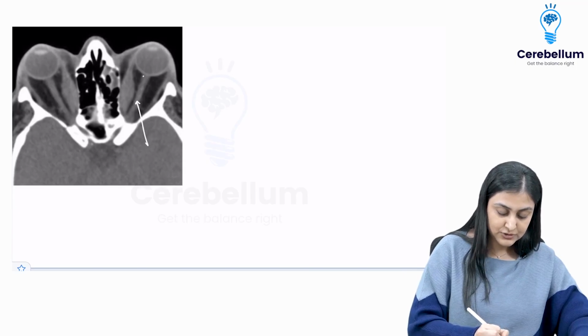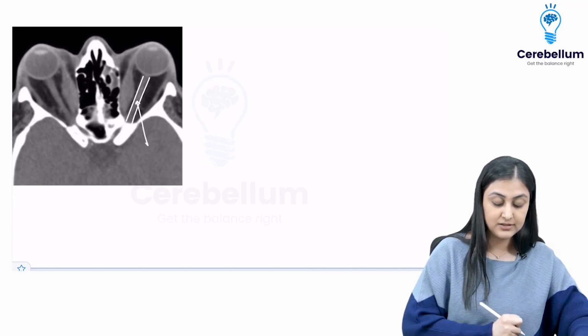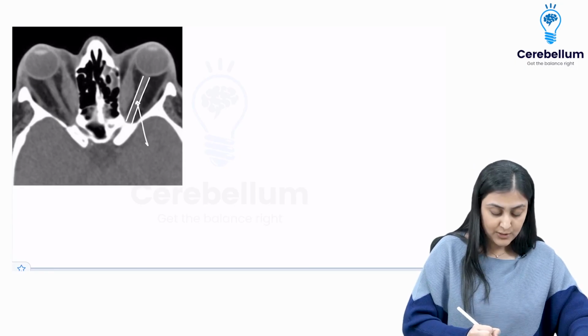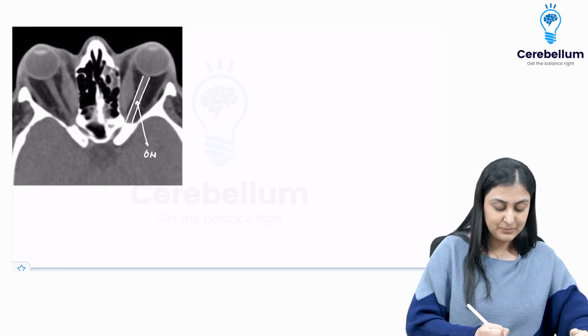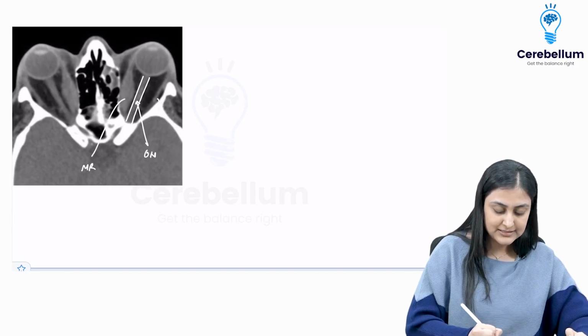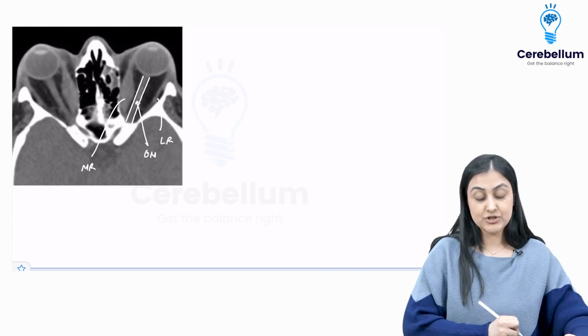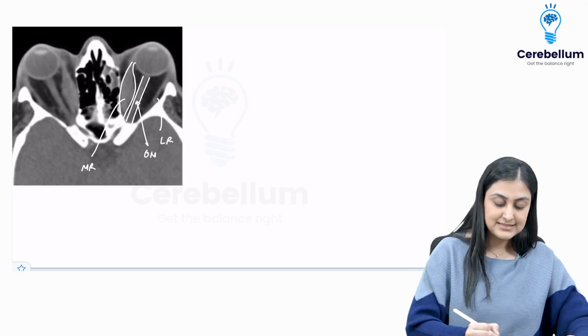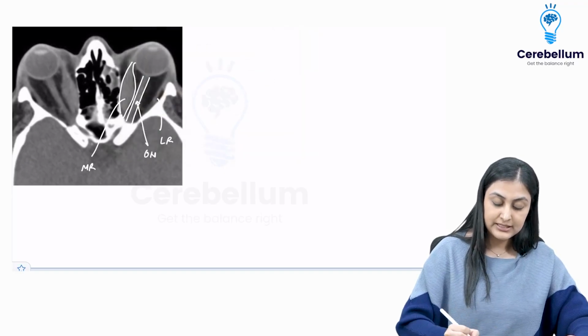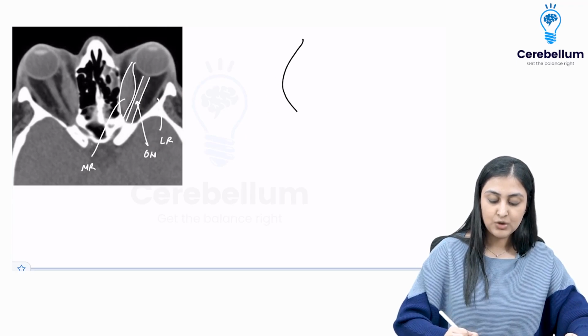So this that goes through the center of the orbit is the optic nerve. Yeah, on the two sides we have the recti muscles. So medially, obviously medial rectus, laterally this is the lateral rectus. So you can see how the muscles are enlarged, and this enlargement is in the form of a Coca-Cola bottle.